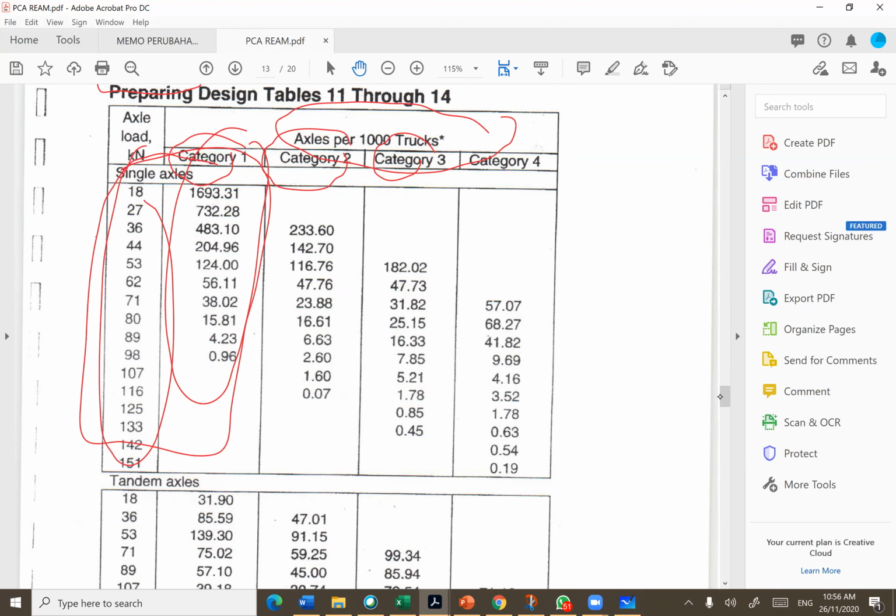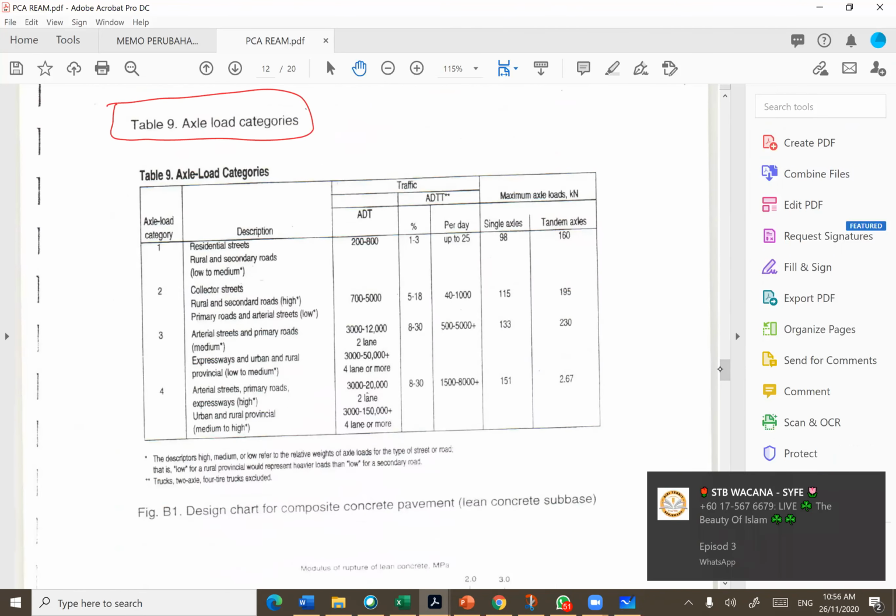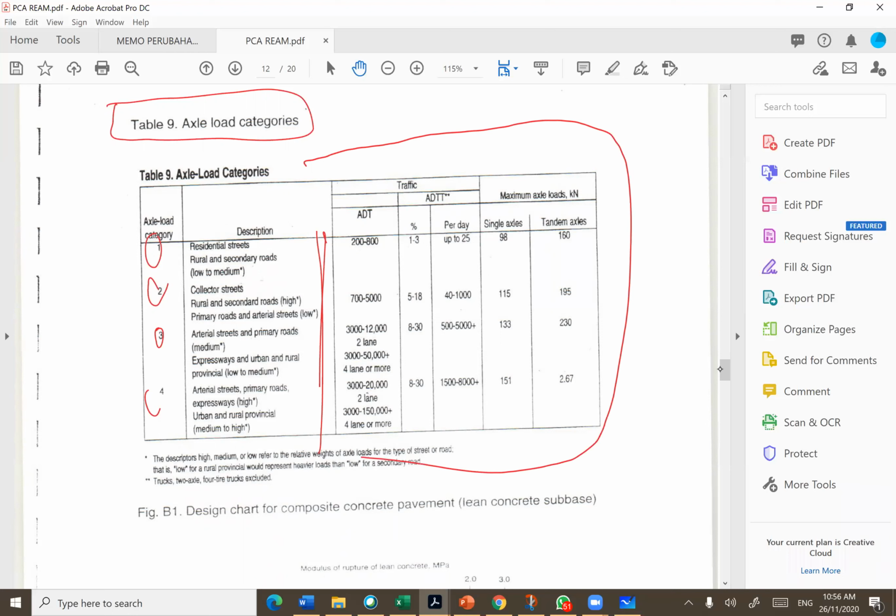How do you decide category 1, 2, 3 or 4? This one is for single and this one is for tandem. You determine the category based on table 9. There are 4 categories with descriptions, so you have to look at these things first.